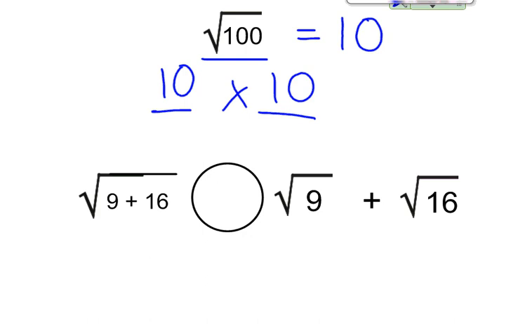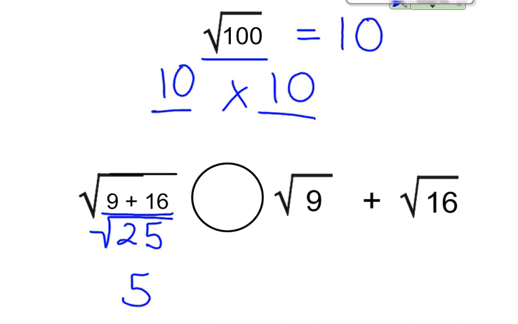And then we have a slightly more advanced problem. It says add 9 plus 16. Do what's inside first. 9 plus 16 equals 25. And now find the square root of that. Square root of 25 we determined already is 5.